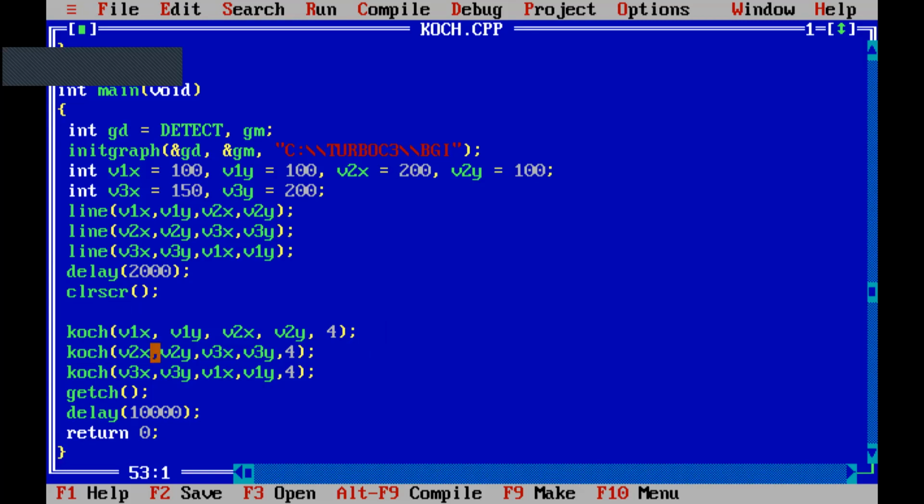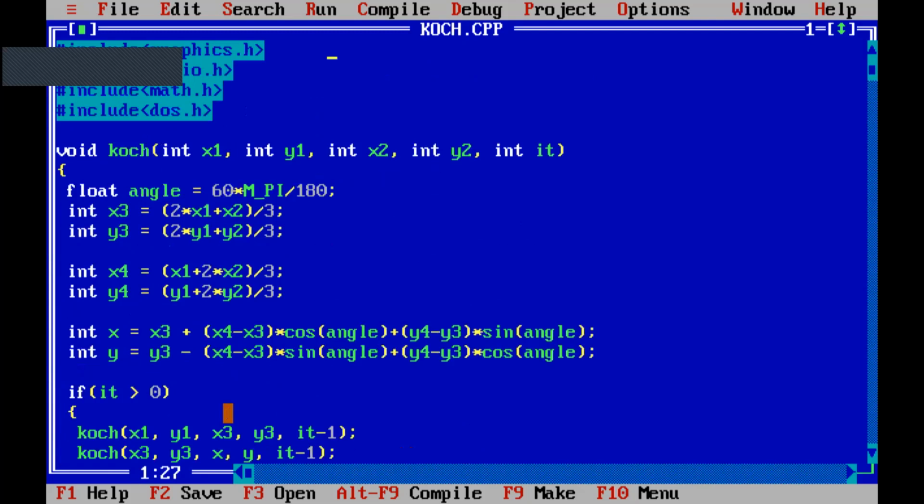In the Koch function, I am calling with the x and y coordinate of the first point, the x and y coordinate of the second point, and the iteration 4. That means I want snowflake generation up to the 4th iteration. Then we are having getch and delay and return 0.